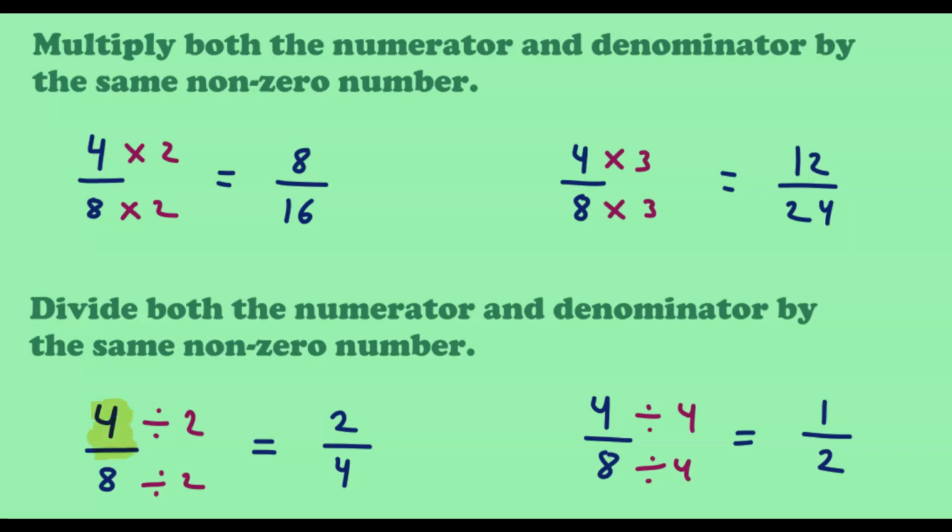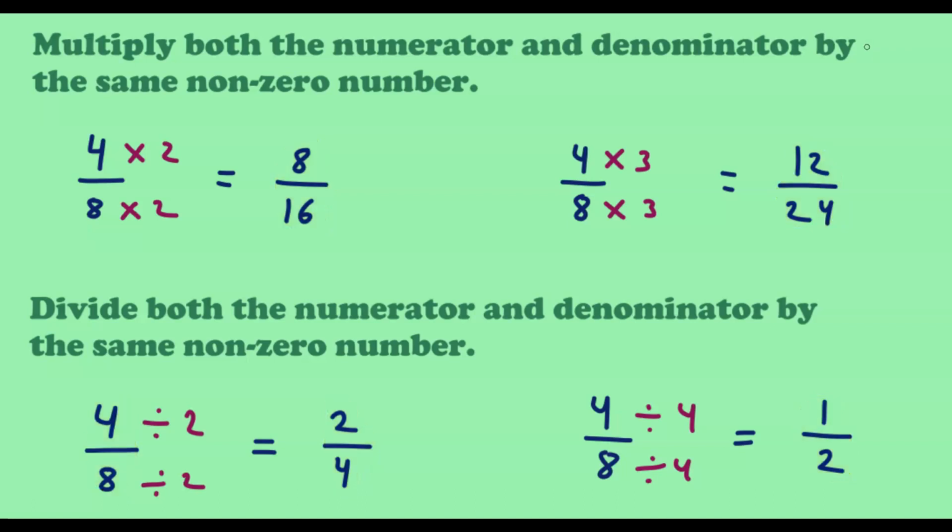We see that 4 over 8, 2 over 4, and 1 over 2 are equivalent fractions. And they're also equivalent fractions to 8 over 16 and 12 over 24. All of these fractions have the same value, but the numerators and denominators are different, so all of them are equivalent fractions.